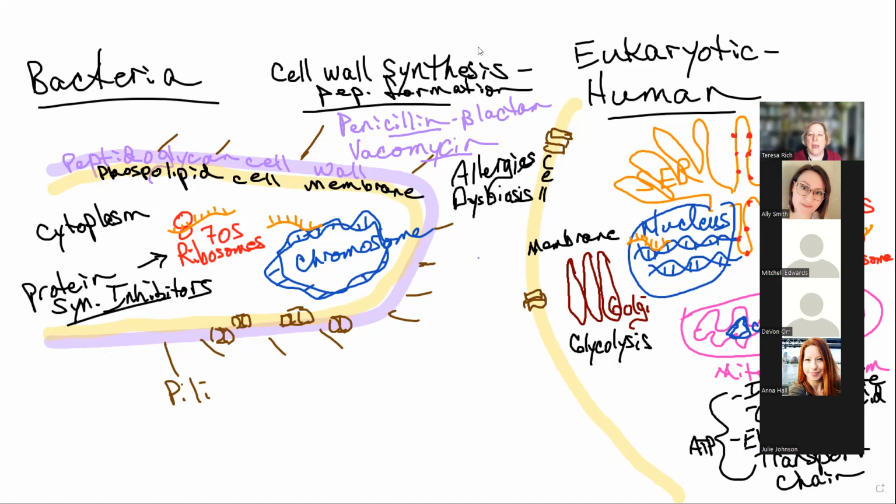The example for this group that I want you to know are the tetracyclines. Generally we call it just tetracycline. That's the most common member of the family.